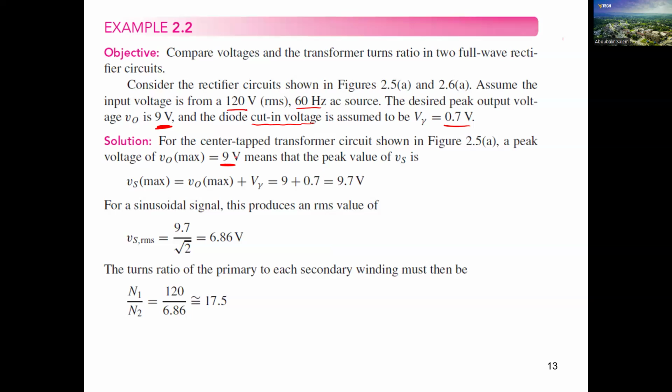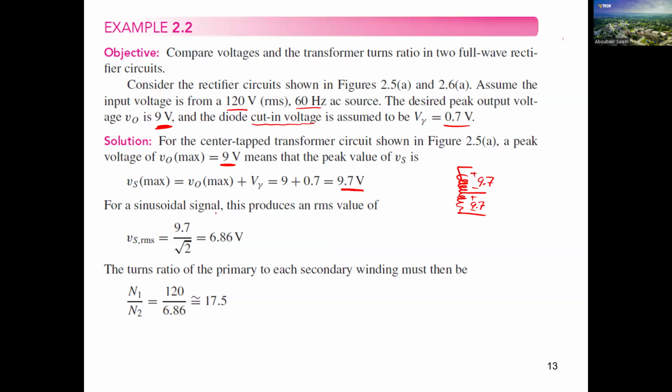The transformer volt V secondary of the half of the center tap should be V out maximum, which is 9 volt, plus V gamma. So 9 plus 0.7 is 9.7 volts. If this is a center tap transformer here, this volt here should be 9.7, and you will have another 9.7 down here. So this is the transformer here.